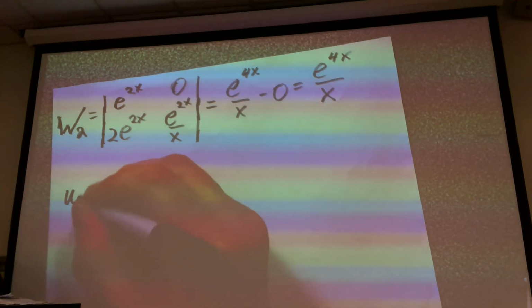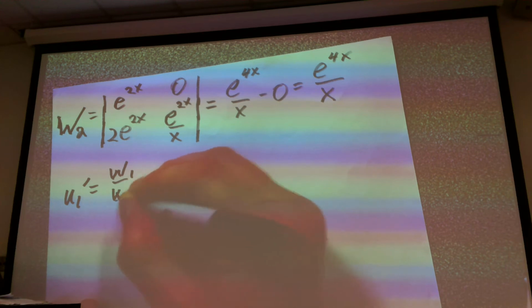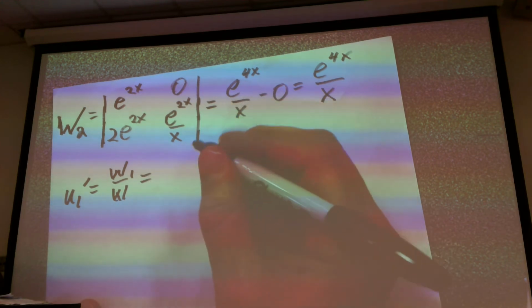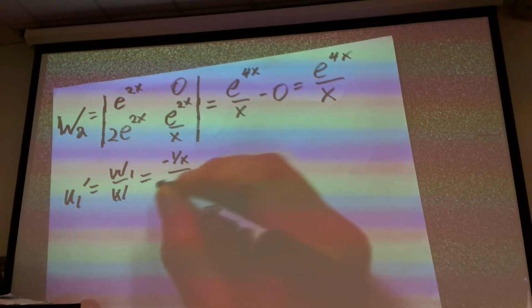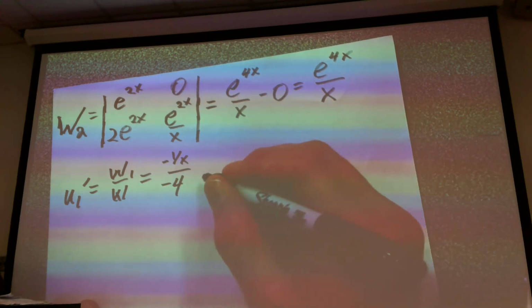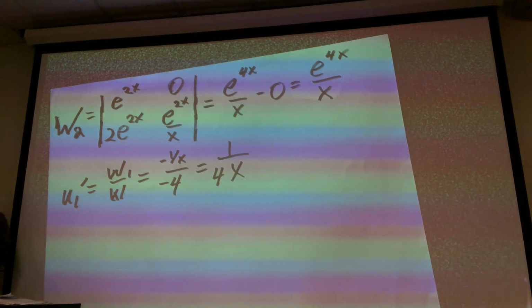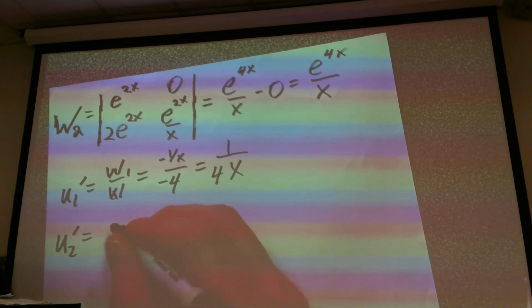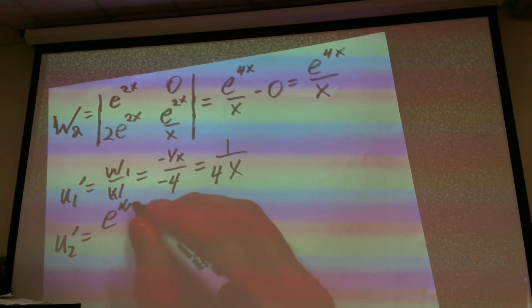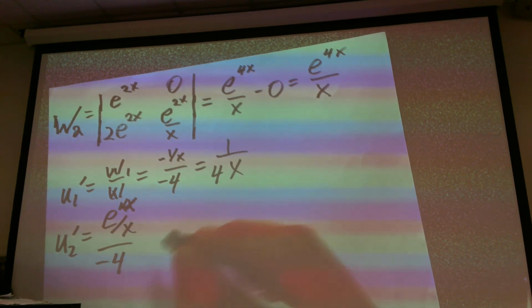So u1 prime is W1 divided by W. That would be negative 1 over x divided by negative 4, so that would be 1 divided by 4x. And then u2 prime will be e to the 4x divided by x divided by negative 4.